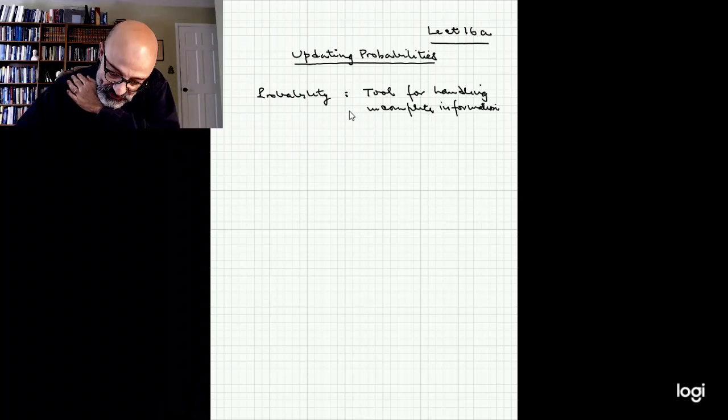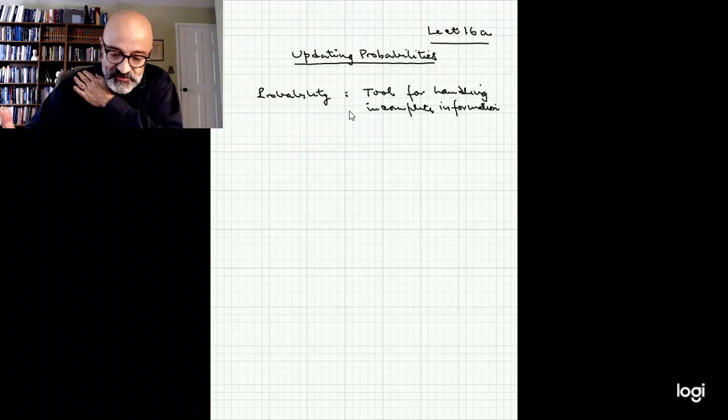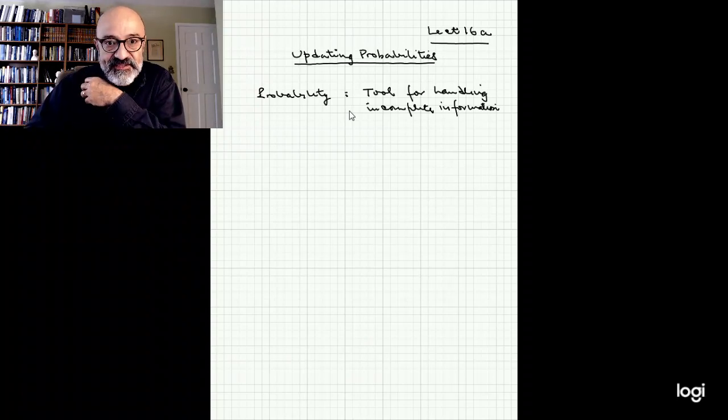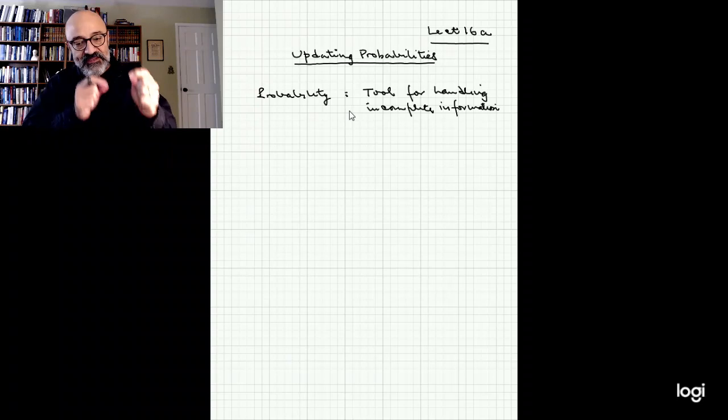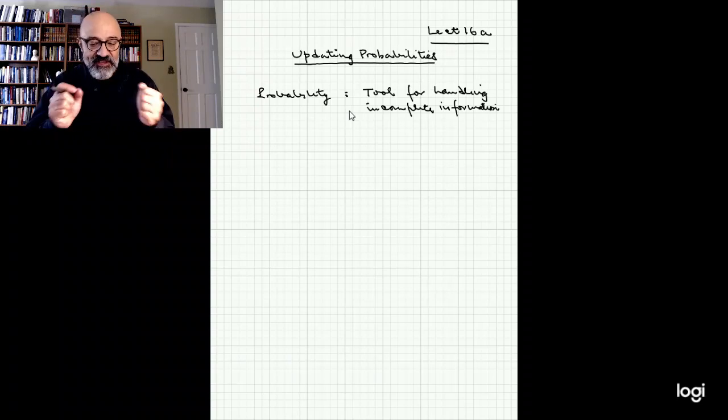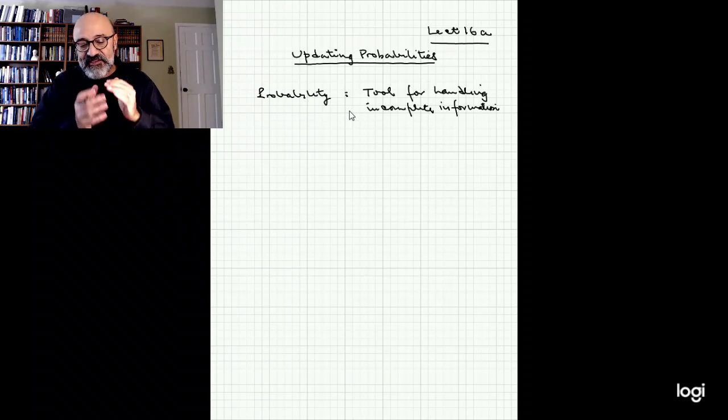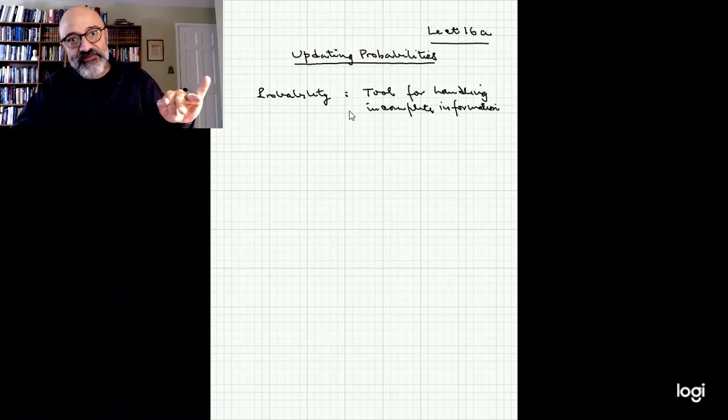But the whole thing here is that probabilities allow you to eliminate inconsistencies. The probabilities of different propositions are going to be assigned in such a way that obvious forms of irrationality are avoided. You're not going to be inconsistent.